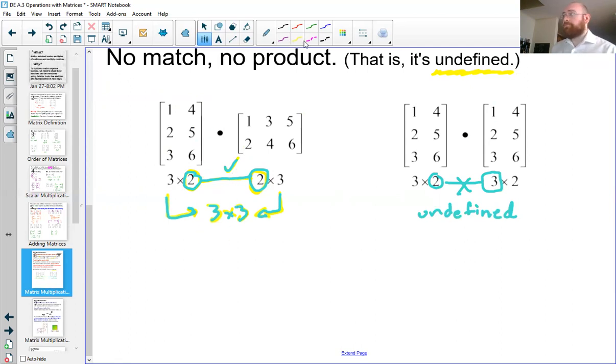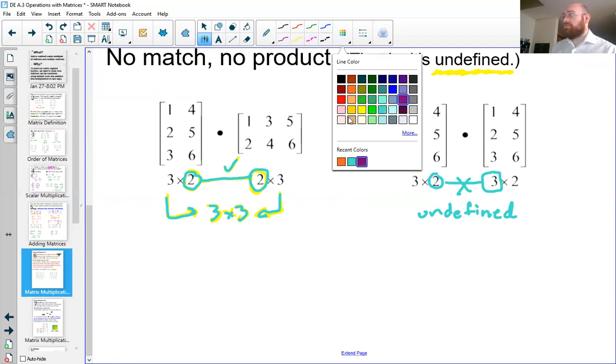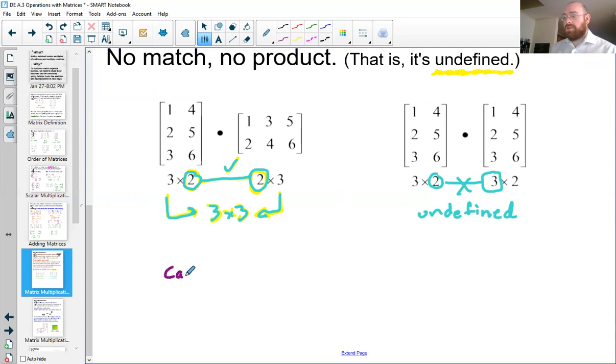For example, in this first one, because their orders are different, we cannot add them. And in the right example, because their orders are the same, we can add. So whether or not we can or can't multiply doesn't mean we can add them or vice versa.